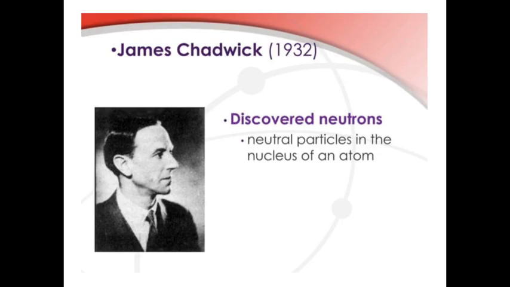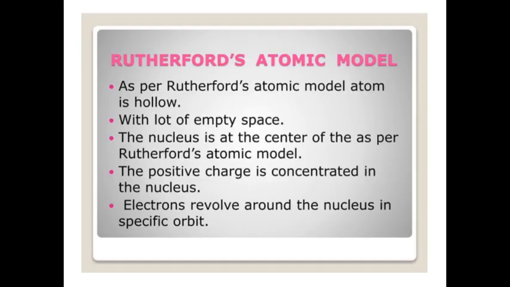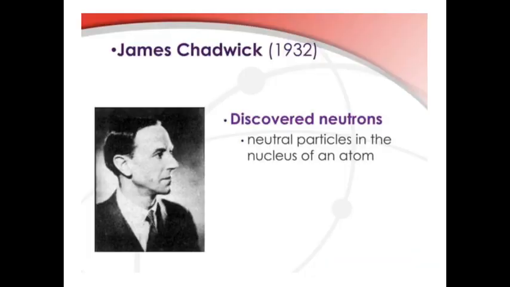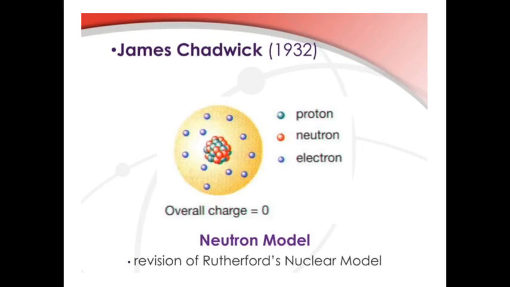James Chadwick discovered neutrons in 1932. Neutrons are neutral particles that are found in the nucleus of the atom. We have explained that the other time. In the nucleus, you have the proton and the neutron, and the neutron was discovered by James Chadwick. He also mentioned that the overall charge of the neutron is 0.